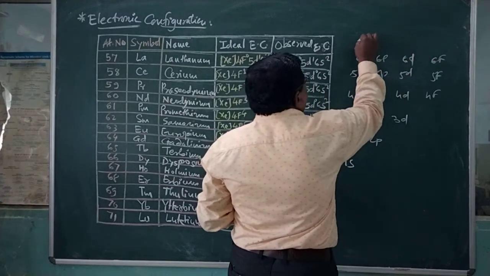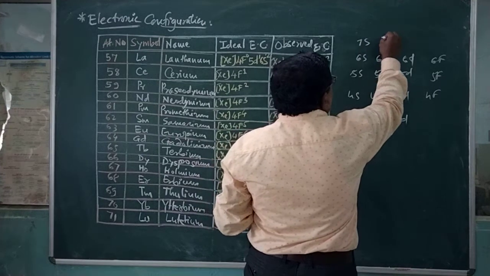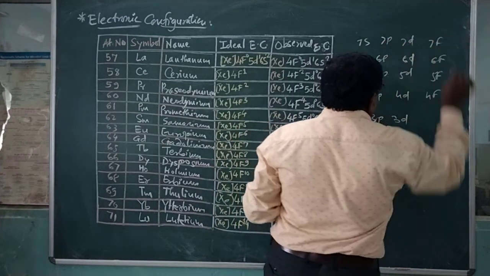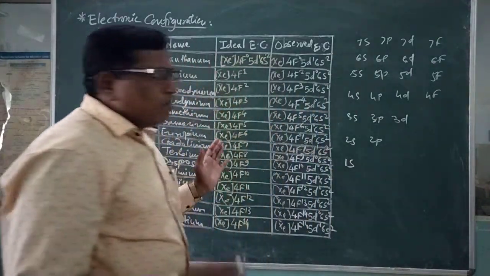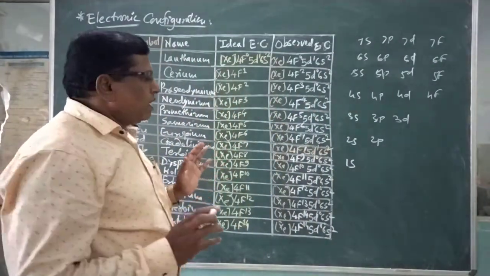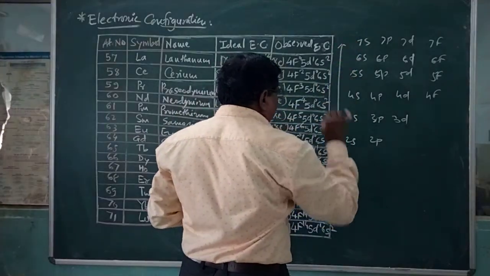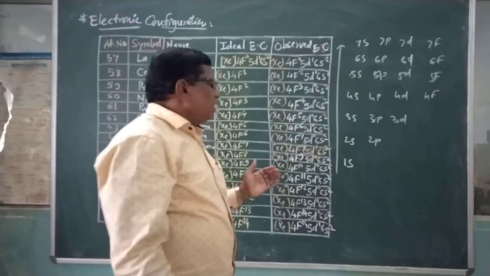Here that is 7s, 7p, 7d, again 7f can be taken. In this way, the electrons present will be filled in the increasing order of energies. Now this is called the Aufbau principle.